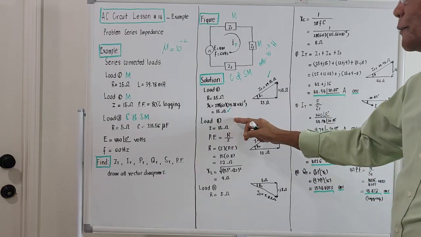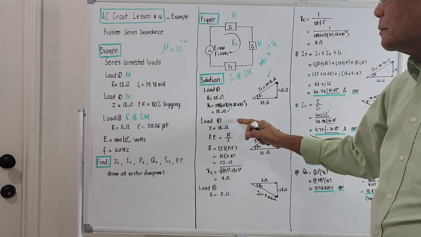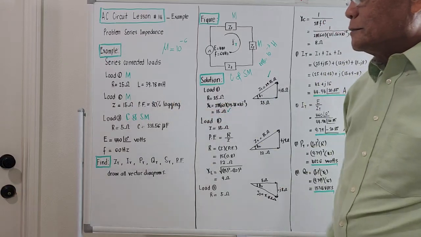Okay, load number 2. For load number 2, the total impedance is 15 ohms, but we are given the power factor.